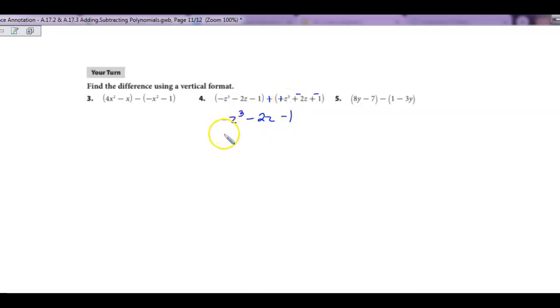And then I got plus z to the third power minus 2z minus 1. Add those together. -1 plus +1 cancels out. I have 2 -2's, so it'll be -4z, and -1 plus -1 is -2, and there it is, our simplified version.